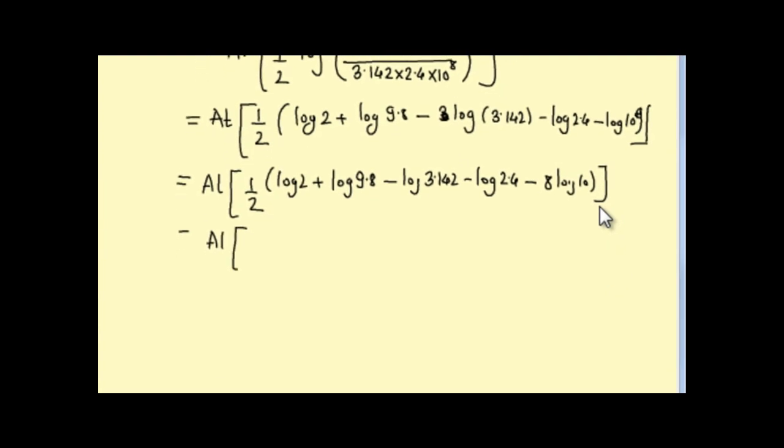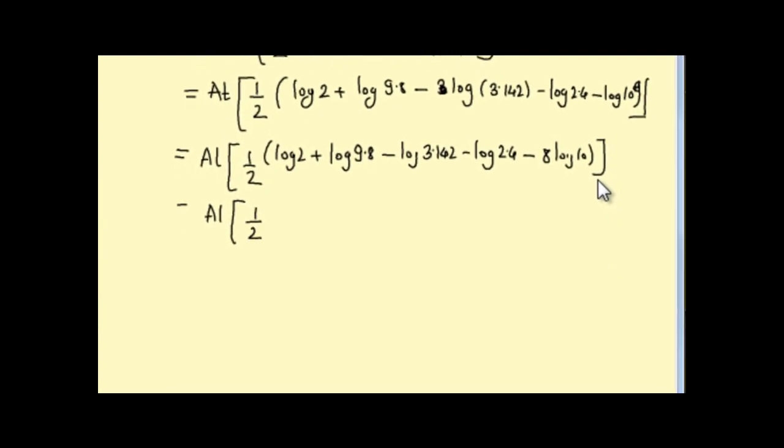So after substituting appropriate values from the table, we will get log of 2 is 0.3010 plus log of 9.8 is 0.9912 minus log of 3.142 is 0.4972 minus log of 2.4 is 0.3802 minus 8.